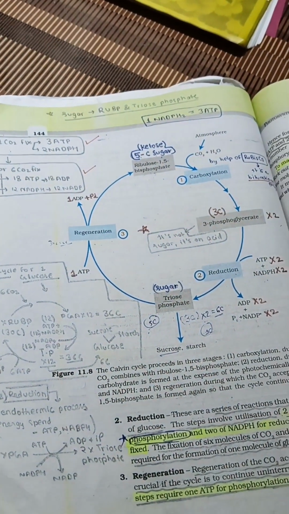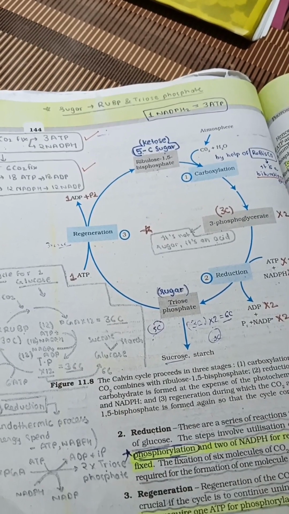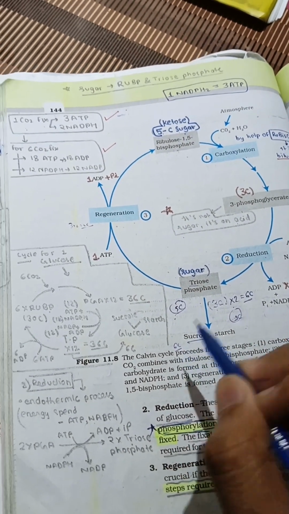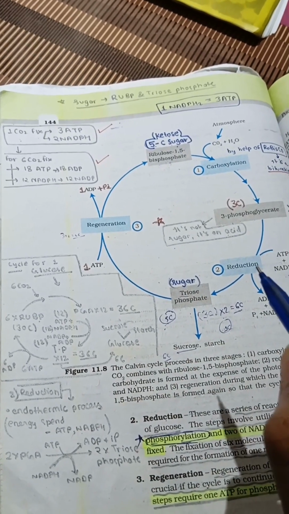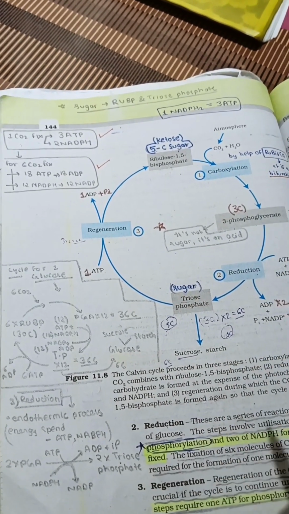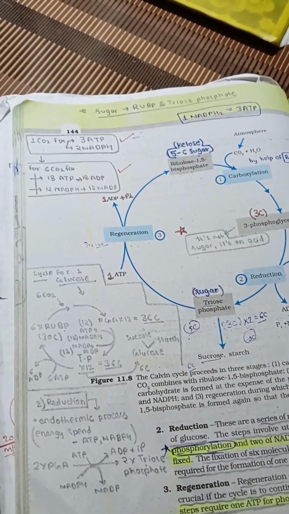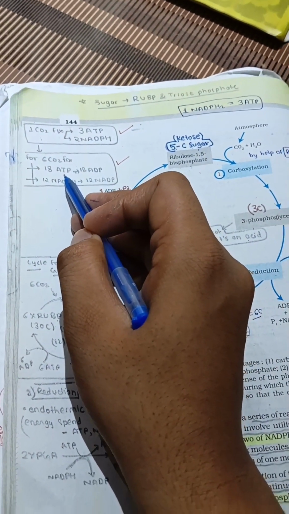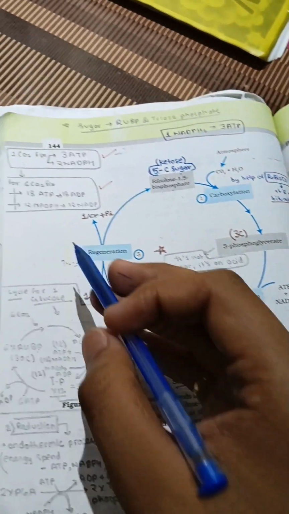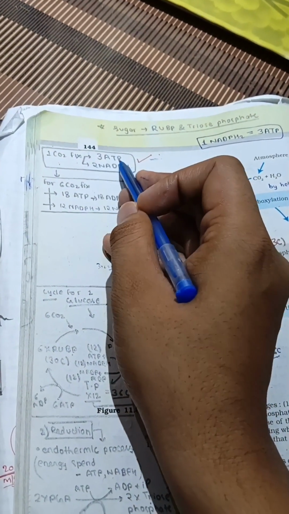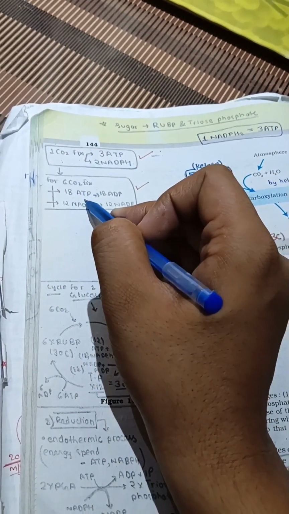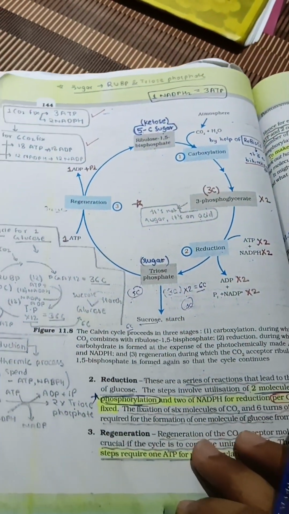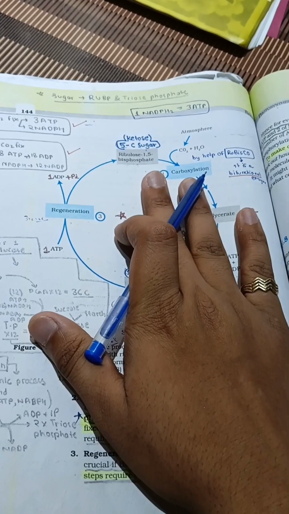Now if we want glucose or sucrose, which is a 6 carbon compound, we need 6 cycles of the Calvin cycle. 6 cycles of the Calvin cycle equal 1 molecule of glucose. So for 6 carbon dioxide fixation we need 18 ATPs. How 18 ATPs? 2 here and 1 here. 6 3s are 18 ATP and 6 2s are 12 NADPH. That's the whole process of the Calvin cycle.